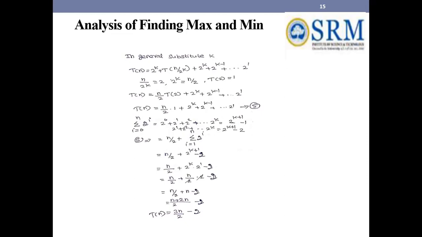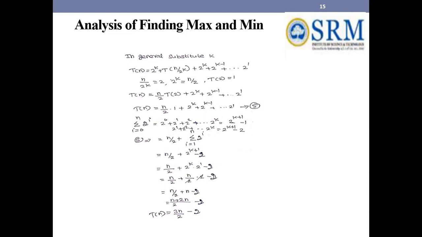So the value is 2 power k plus 1 minus 2. Also, next, when we continue, n by 2 plus 3k plus 1 minus 1, 2. And we can split 2 power k, then solve the equations again and find out the value.